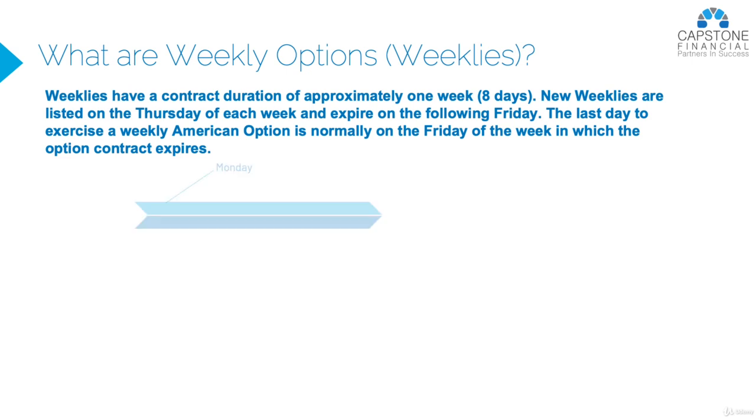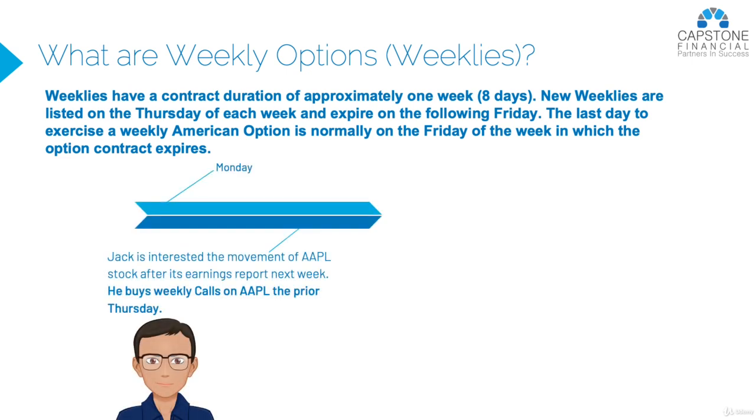Let's say, for example, Jack is very interested in the movement of Apple after its earnings report next week. Apple tends to release earnings at 4:30 p.m. every 90 days on Tuesday of that week.